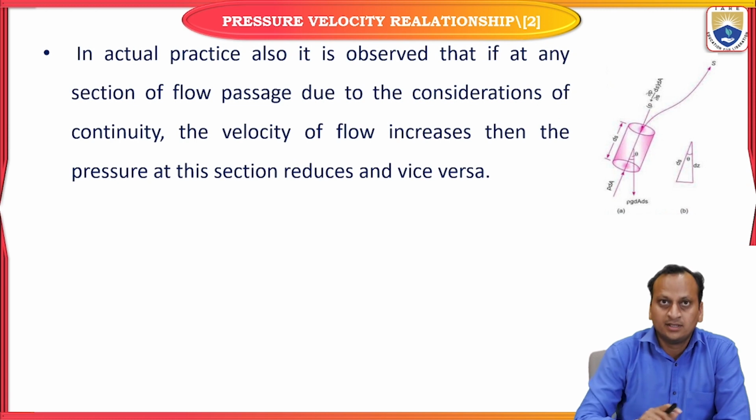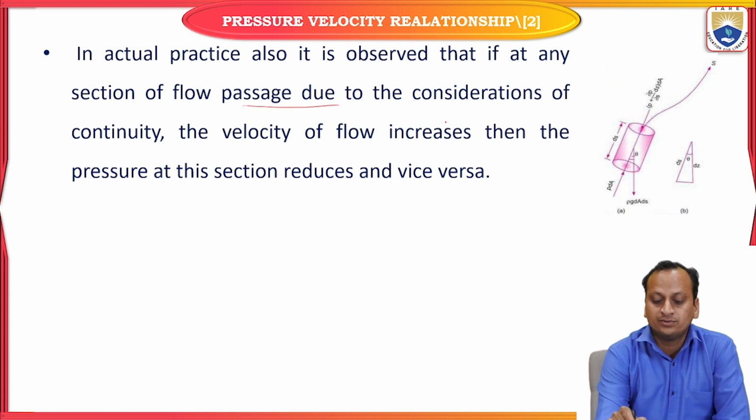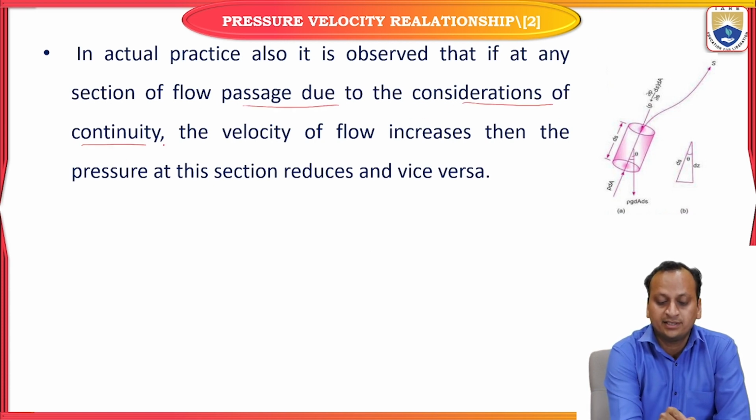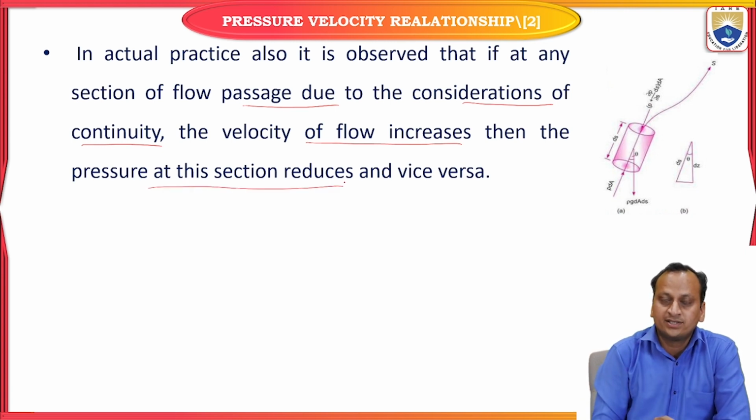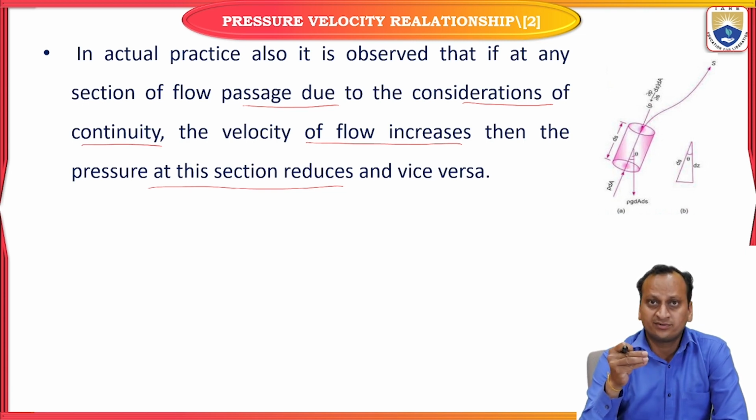In actual practice also, it is observed that if at any section of flow passage, due to the considerations of continuity, the velocity of flow increases, then the pressure at this section reduces, and vice versa. So the pressure and velocity relationship can vary based on the curvature, or the surface through which it is flowing.